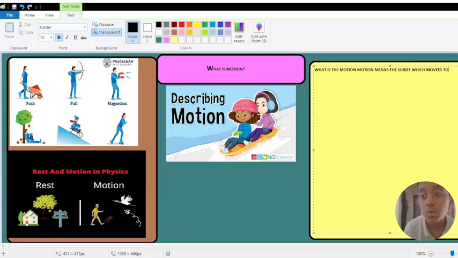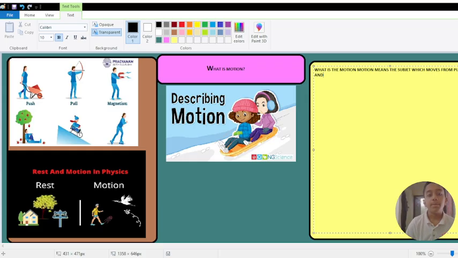A subject means a living thing, a non-living thing, a car or bike, a bird, fish, animals, a horse. All of these move from one place to another by the use of motion. So it is called motion.